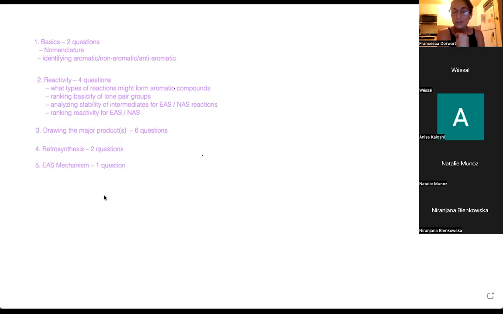When I'm asking you to show me something about the mechanism, I would expect you to show me the mechanism in a formal way where you write each resonance structure individually, and you show me the formation of the electrophile, you show me lone pairs, formal charges, all of your arrows are there, and then everything is reacting with those arrows.